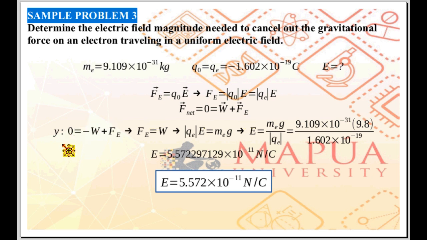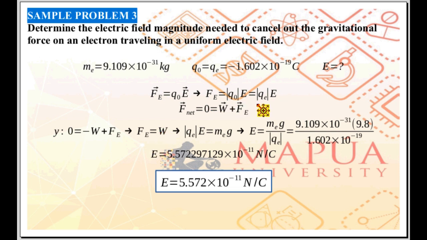So going directly to the y component, 0 is 0. The y component of the weight is vertically downward, so negative w. And the y component of Fe, we are looking for Fe, so we simply use Fe in the equation. And the equation will tell us that Fe is just equal to the weight, the magnitude of the weight of the electron.